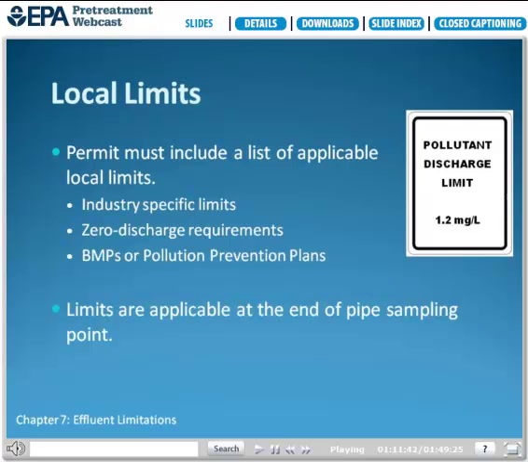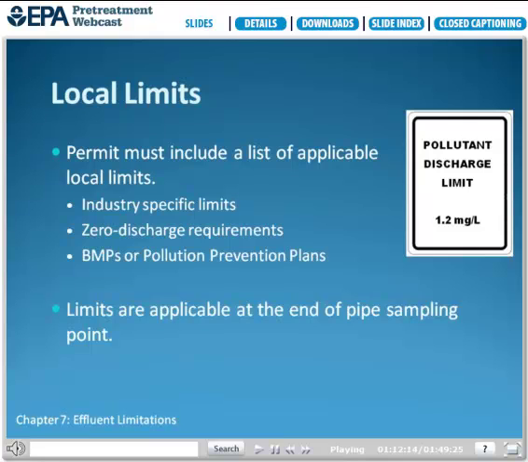For the purposes of this webcast, it is assumed that the control authority already has developed technically based local limits. The permit must include a list of all applicable limits, even if the control authority is not requiring the industrial user to monitor for all or any of the pollutants within the local limits. This approach ensures that the industrial user is aware of all local limits.